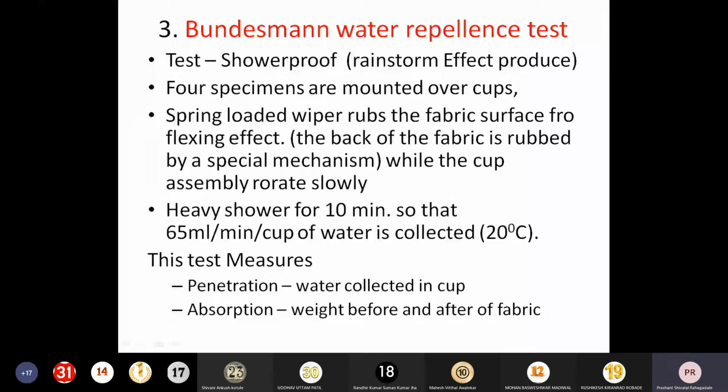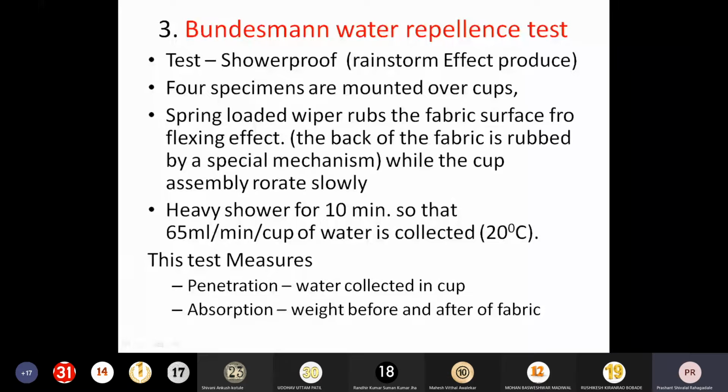On each cup we keep our specimen, and from the back side, inside the cup, there are spring-loaded wipers which will rub the back of the cloth while the whole cup assembly is slowly rotating. वो जो rain है, when the rain is there, you have created artificial rain, and in that rain the 4 cups are rotating slowly.